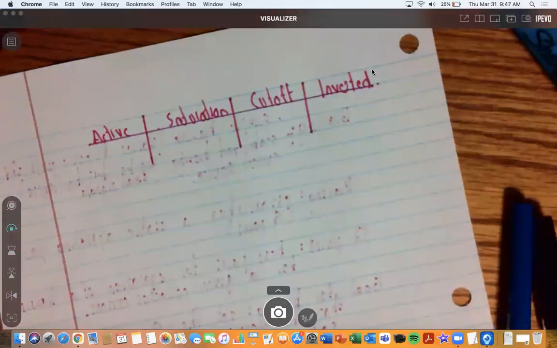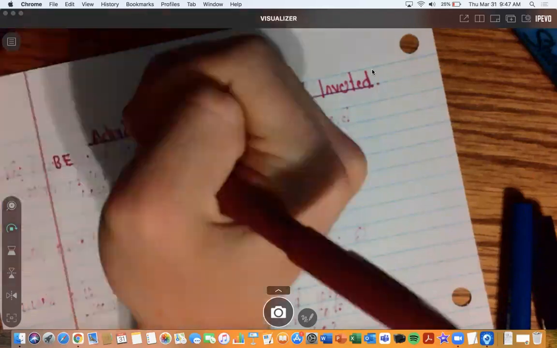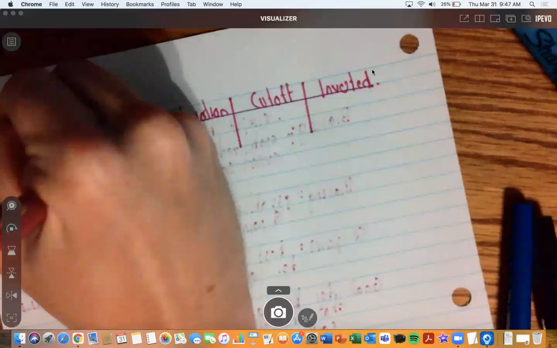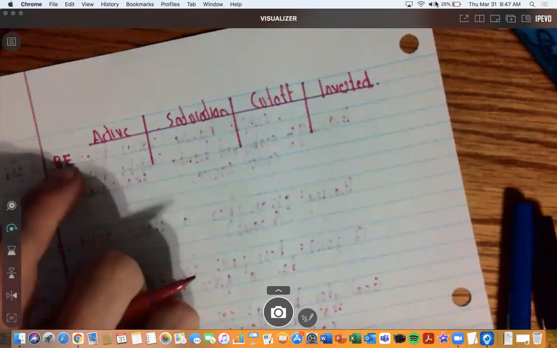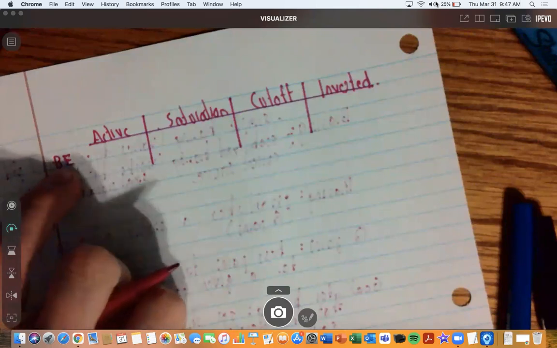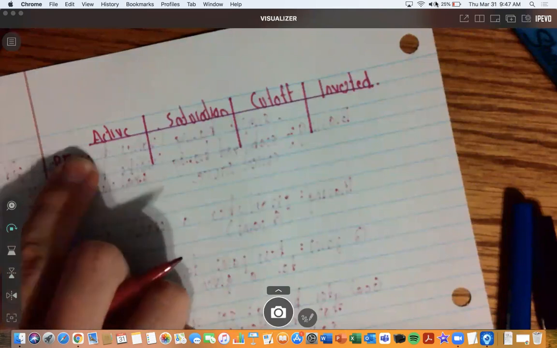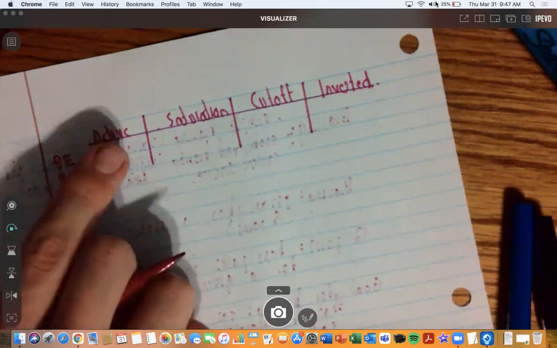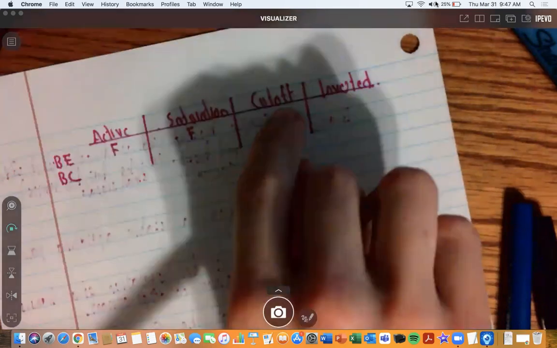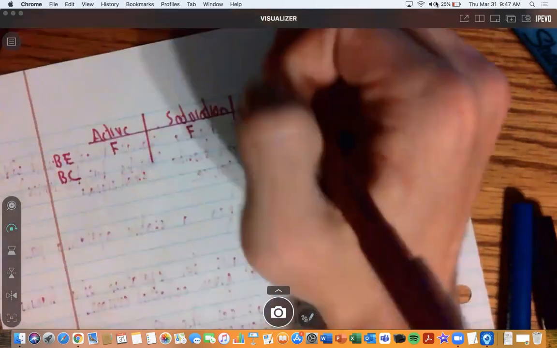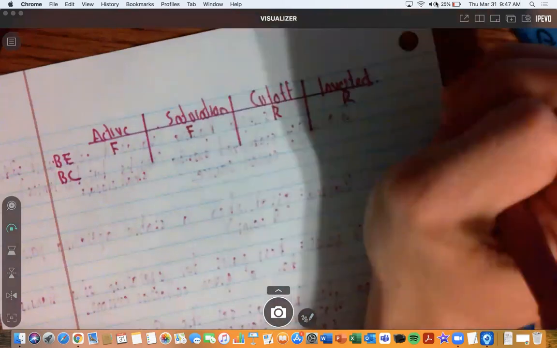And they depend upon the configuration of the base to emitter junction and the base to collector junction. Our base to emitter junction refers to our diode, so it's the diode forward bias. If it's forward bias, it's going to be in active mode, but it can also be in saturation mode. But if it's in reverse bias, it's going to be in cutoff mode or inverted.